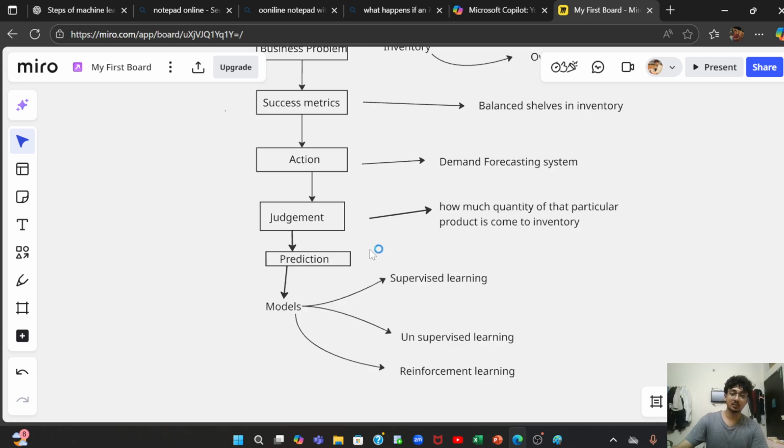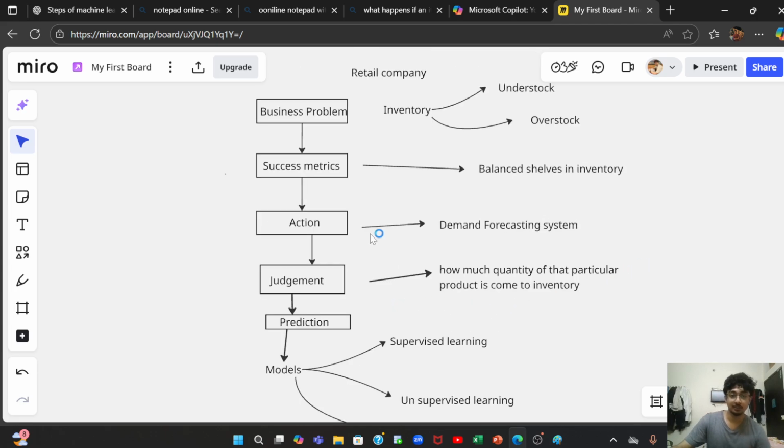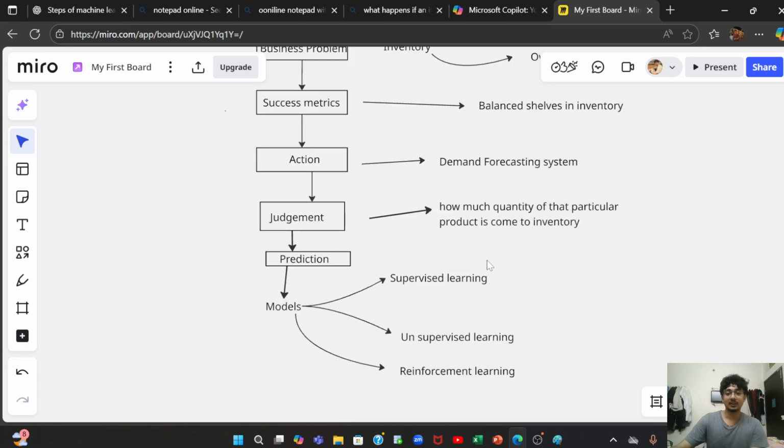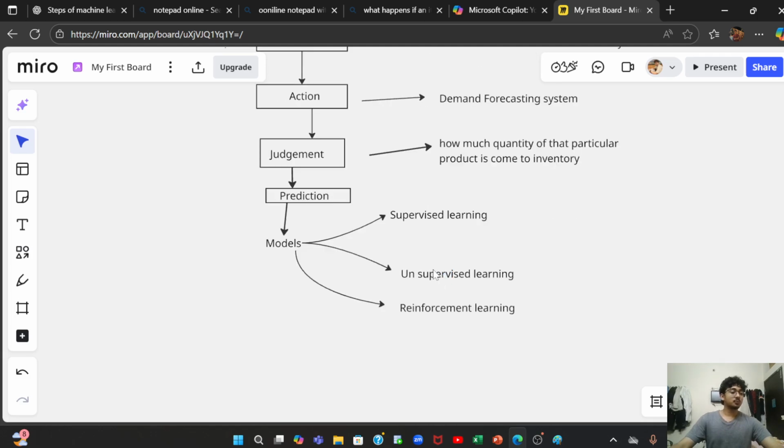It predicts that the demand of tables is 20, the demand of chairs is 10, and the demand of almirahs is 30. So according to that, the company makes a judgment on how much quantity of table, chair or almirah product should come to the inventory, in raw materials and all.